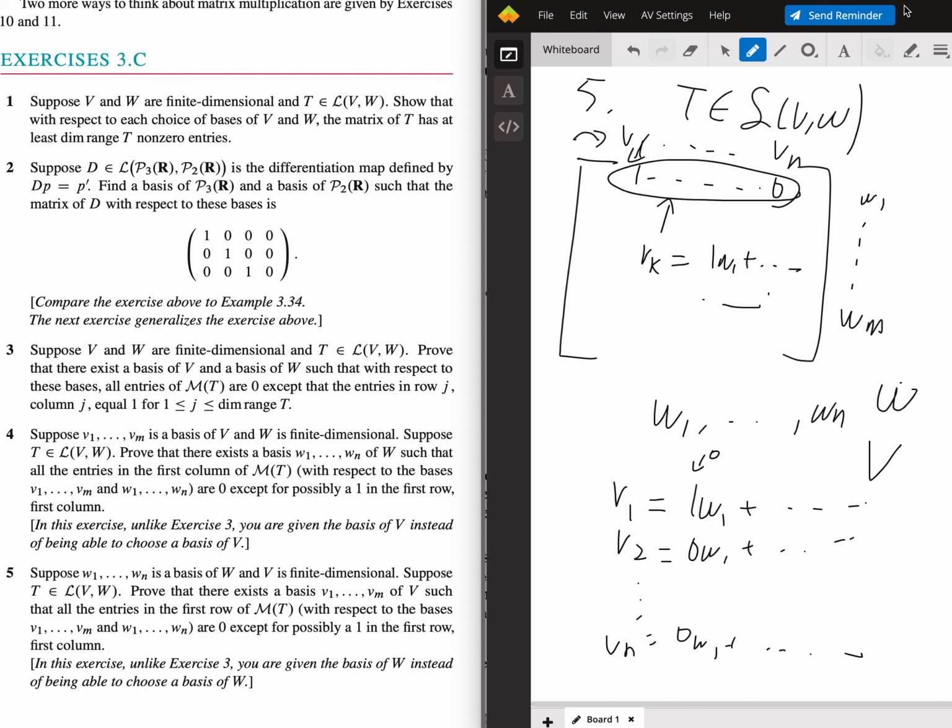So what if, Q5, what if T of VK is expressed as, it doesn't have to be 1, C1 W1 plus a bunch of other stuff, CK WK. My suspicion right now is that if it is indeed expressible as those other things like C1 W1 through CM WM, where the coefficients C's are not trivial, then it should also be expressible without this W1.